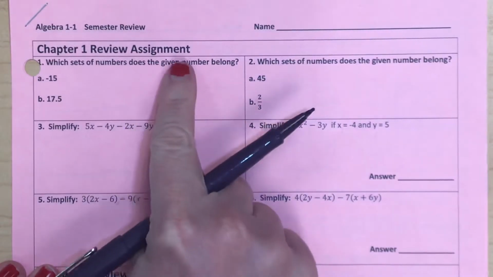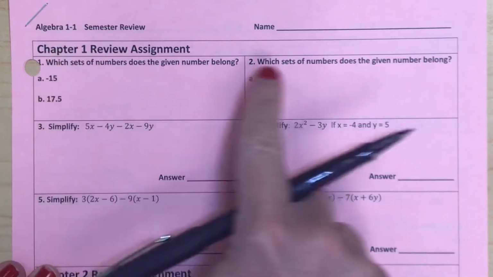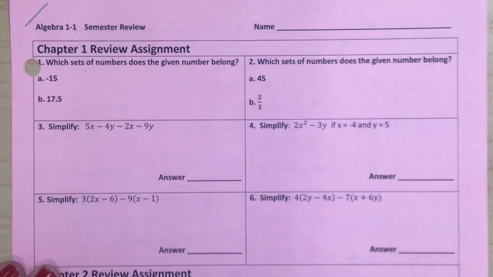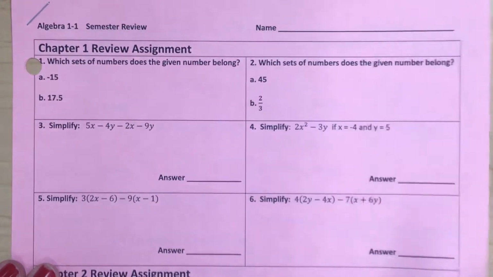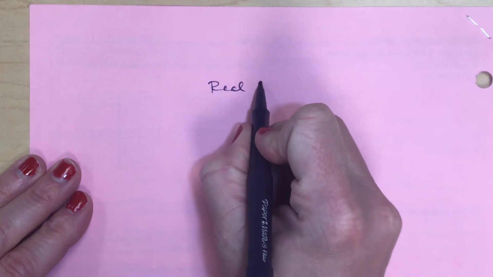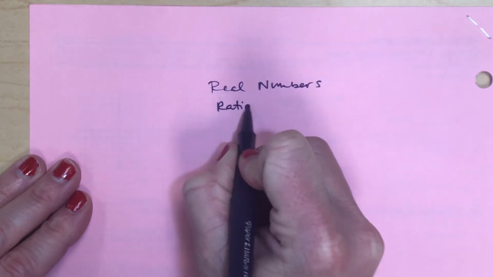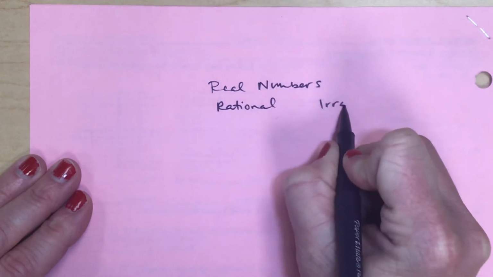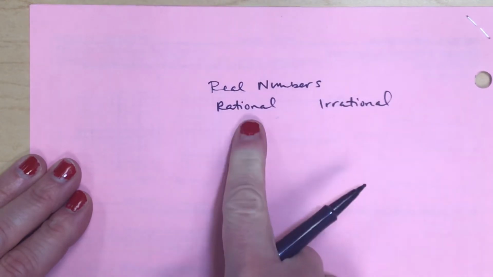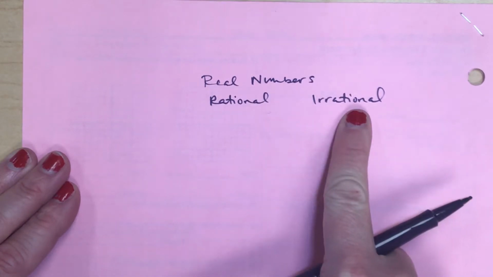What you need to know is the set of numbers for questions 1 and 2. The real number system has 2 categories, rational and irrational. Rational numbers are numbers that can be written as a ratio, meaning a fraction, and irrational cannot be written as a fraction.